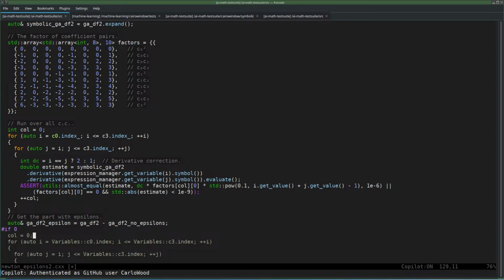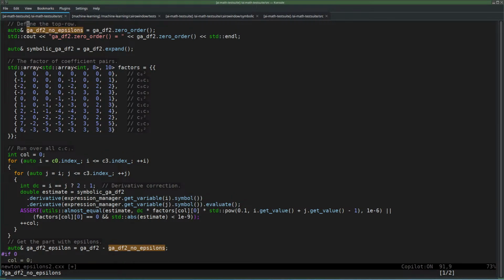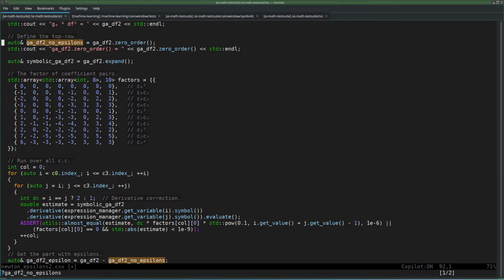Probably a better way. Do we even have this thing yet? Yeah, I have it. I was going to use the zero order. Okay, so it's not needed here.